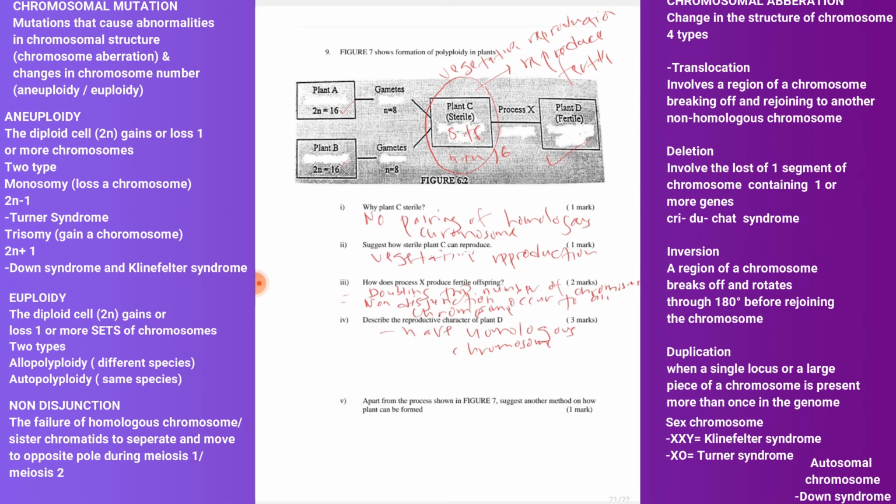The number of chromosomes was 16, and doubling gives 32, so plant D has 32 chromosomes, and it is able to produce gametes. Remember, sterile plants cannot produce gametes because they don't have homologous chromosomes. Fertile plants have homologous chromosomes, so they are able to produce gametes.